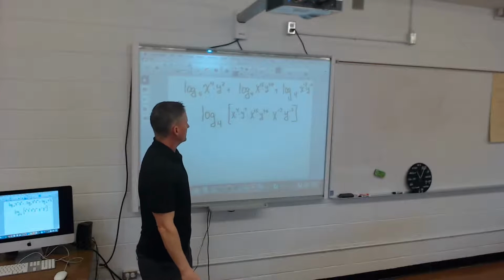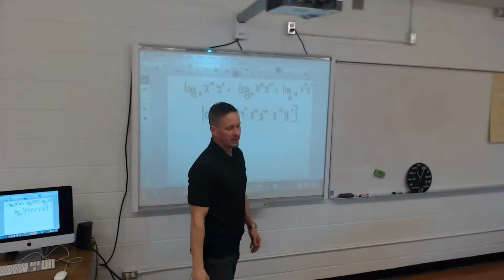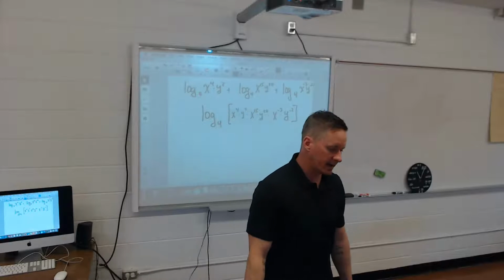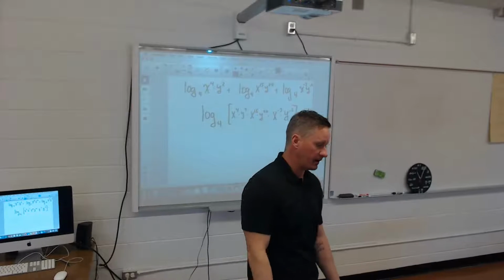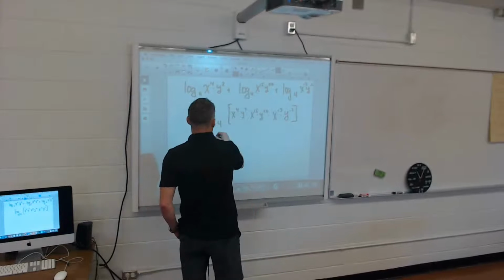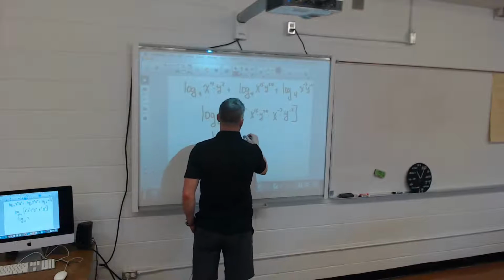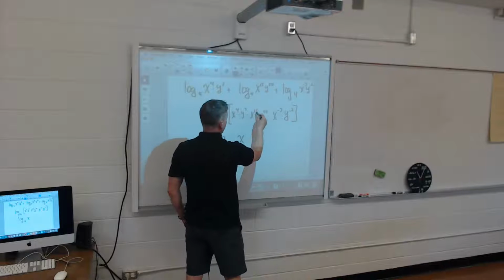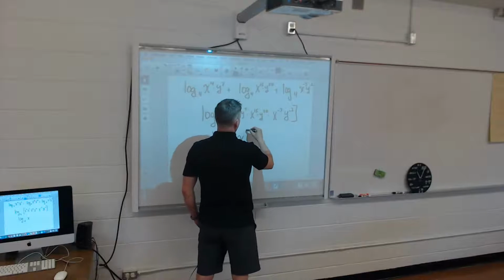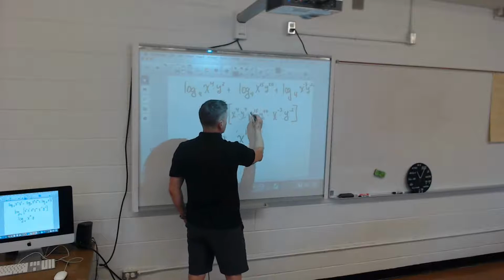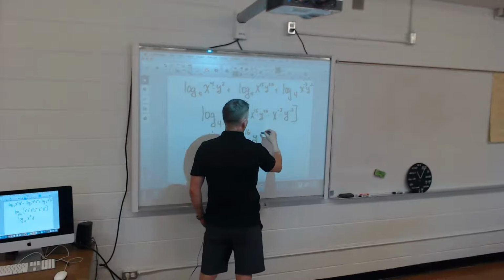I put them all together as multiplication, and then all I'm doing is adding the exponents. X to the 4th and 15 make 19. 19 subtract 3 is 16. Y squared, y to the 22, y to the 20.